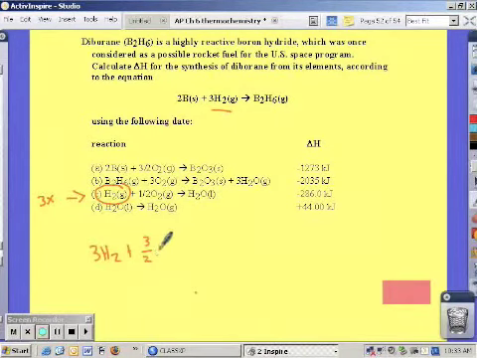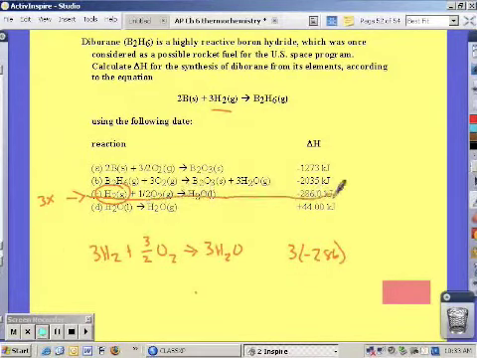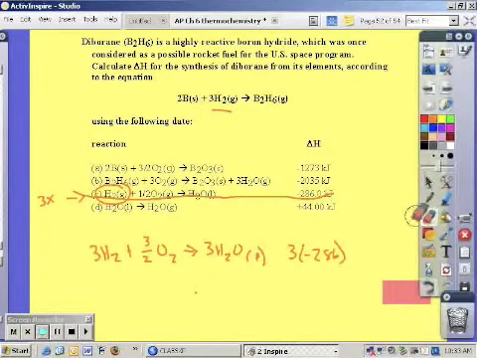So we multiply everything in that reaction by 3, and we multiply our delta H by 3 as well. Cross out our top reaction and make sure we don't accidentally add it later on. Also, the liquid for H2O is very important, so make sure that you use that.